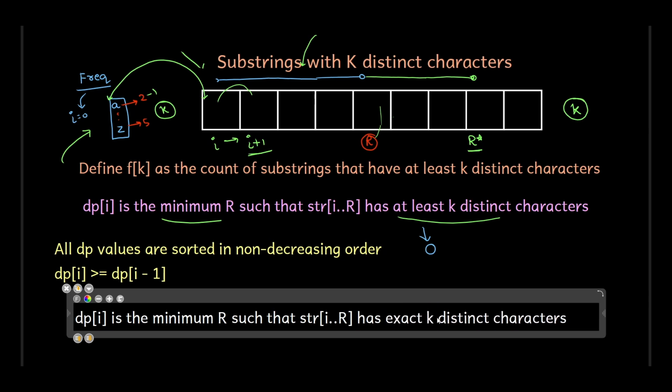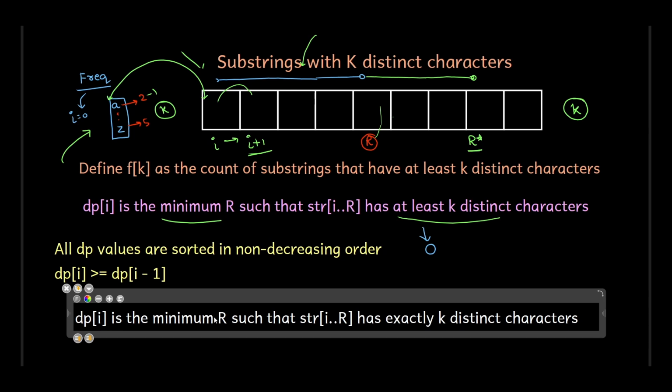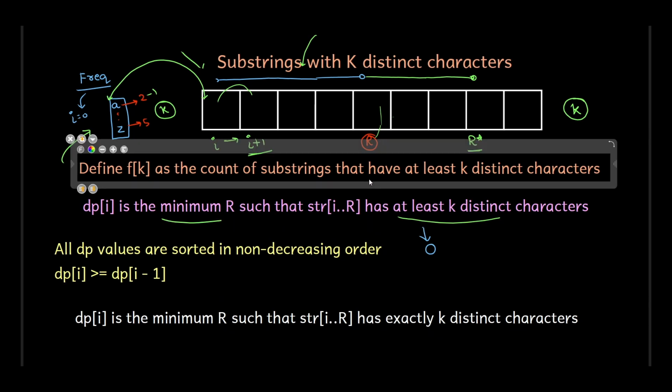You could say it like so, because you want at least, but then you also want the minimum R, so that is at least k characters, and both of these definitions are equivalent.